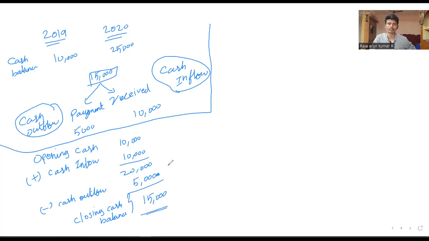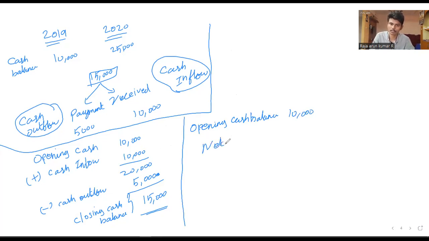This is the format. Okay, you must understand all these topics before that, then only you can understand this format. This is a very important format. This is a long format. We can also see the shortest way. Opening cash balance is 10,000.